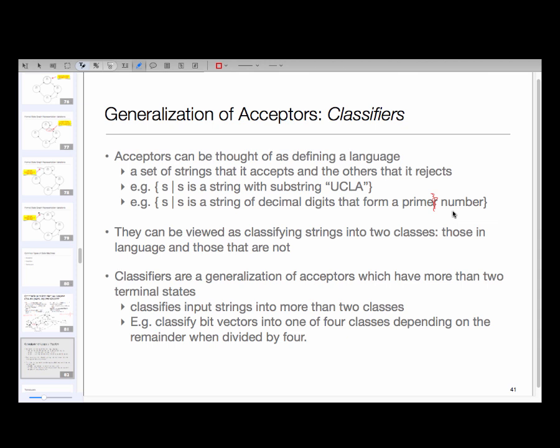So I'm giving you some arbitrary zeros and ones string, and I have 2 bits of output, and at the end of the string, after you get the dollar sign, the 2 bits should correspond to whatever that number was modulo 4. Then there are 4 possibilities, so I'm dividing the number into 4 groups: mod equal to 0, 1, 2, and 3. So this is a general version, where I'm classifying into more than 2 categories.